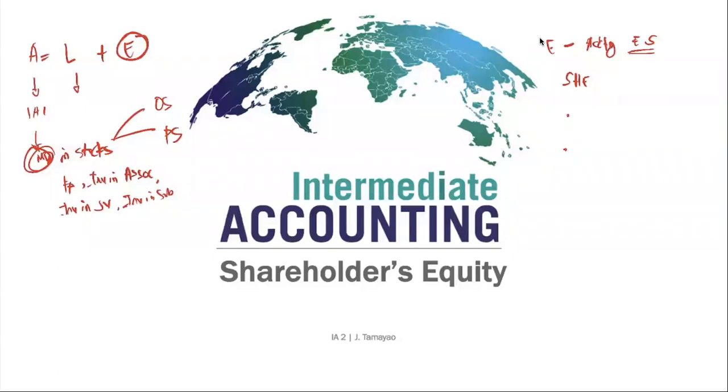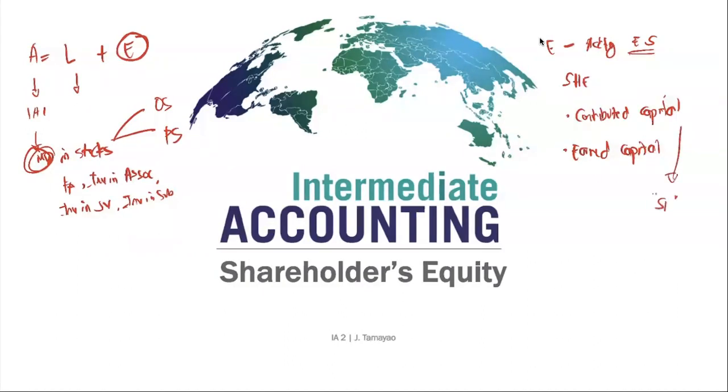We talk about your contributed capital or the amount of capital coming from the issuance of shares. And we also have your earned capital, which is likened to your amount of capital coming from your earnings or your retained earnings. So in contributed capital, we talk about your shares itself. In your shares itself, we will talk about your acquisition of shares or issuance of shares.